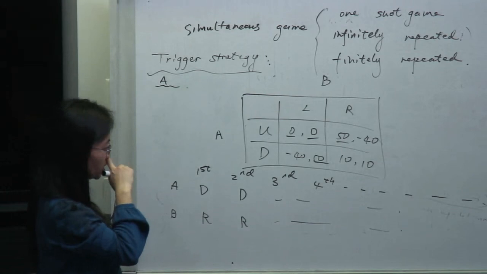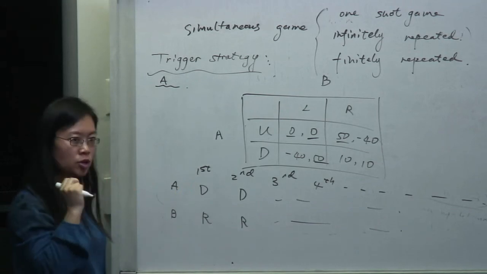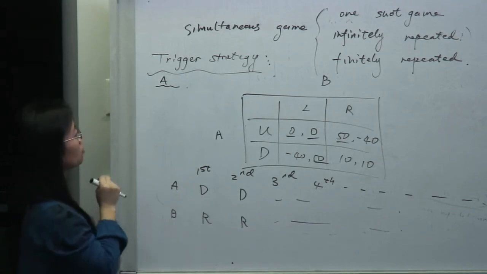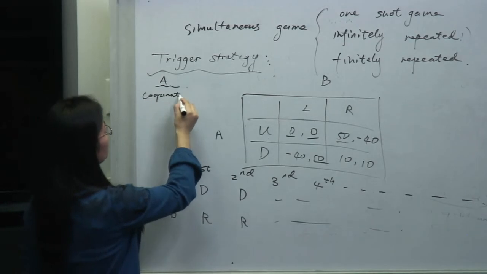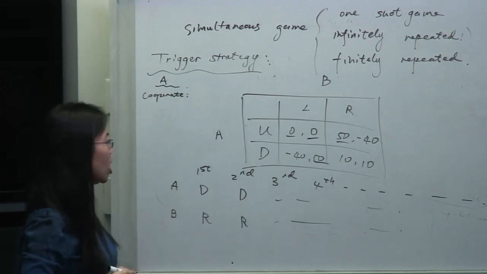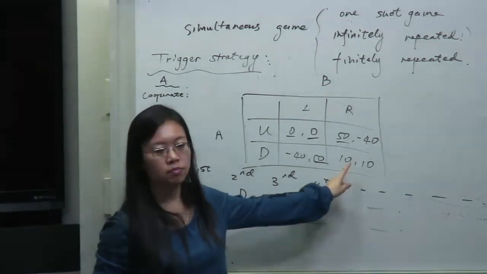For A, each round, they have two strategies to choose from. If they cooperate, they're going to end up with 10, right?